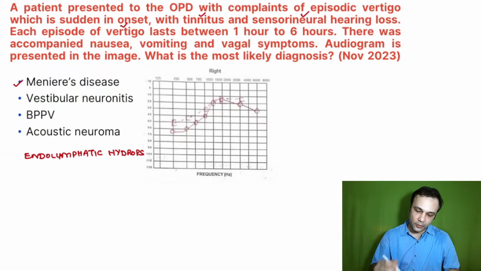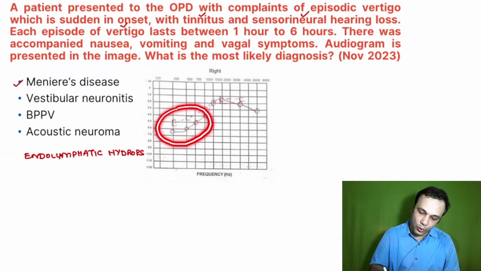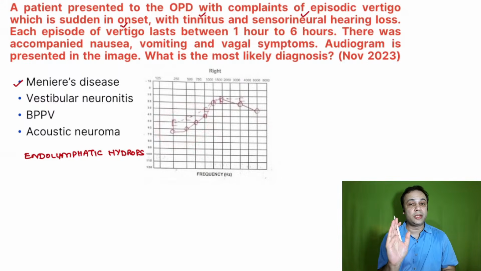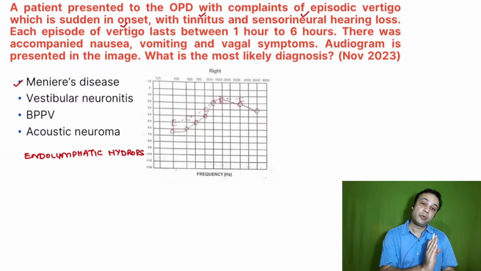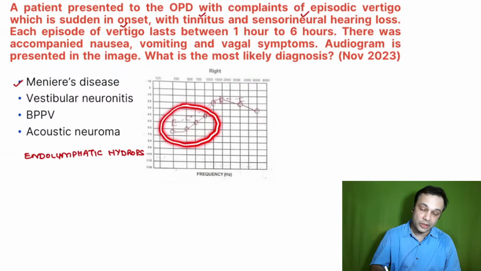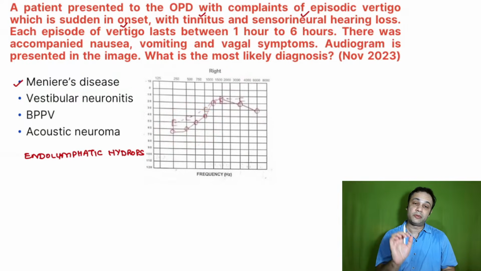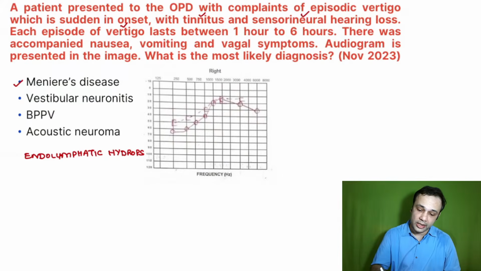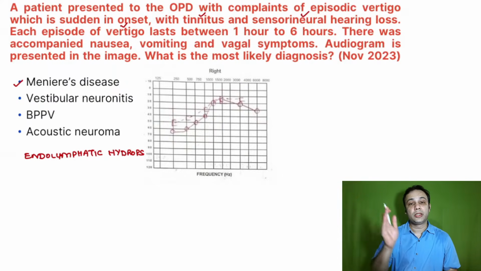It starts off with what you see in this image, that is a low frequency hearing loss, because that is the area, the apex, which is getting affected first, and then eventually the base gets affected. So a low frequency hearing loss is what you see in case of Meniere's disease. We'll discuss a little more about it, and then eventually it produces a severe hearing loss over a period of time.